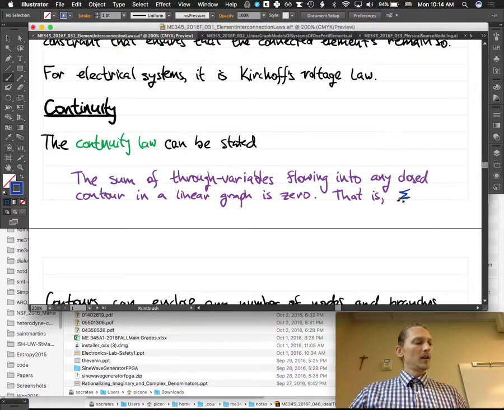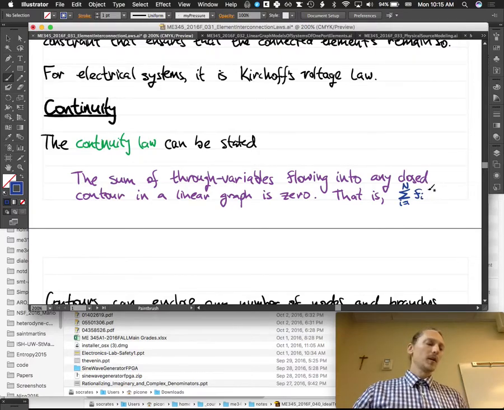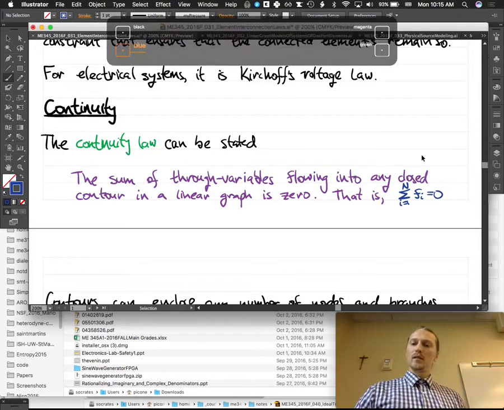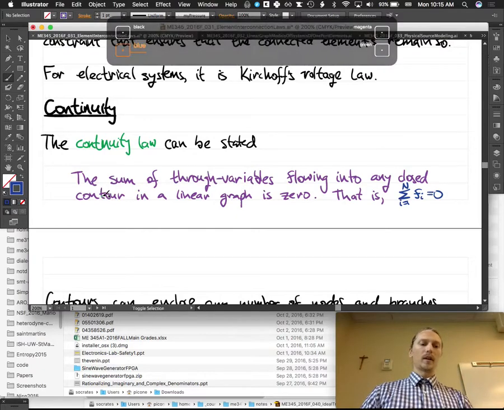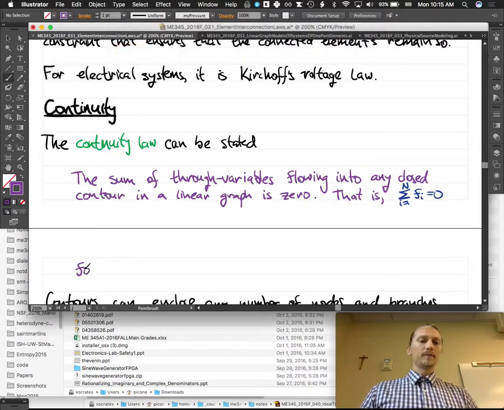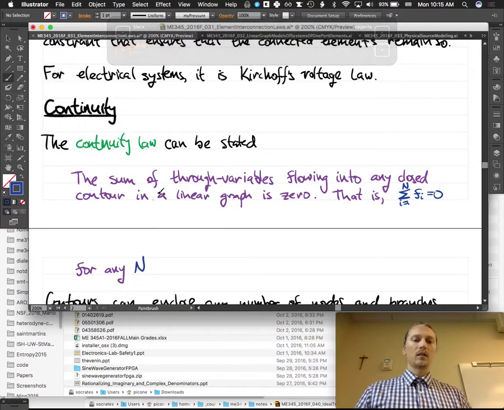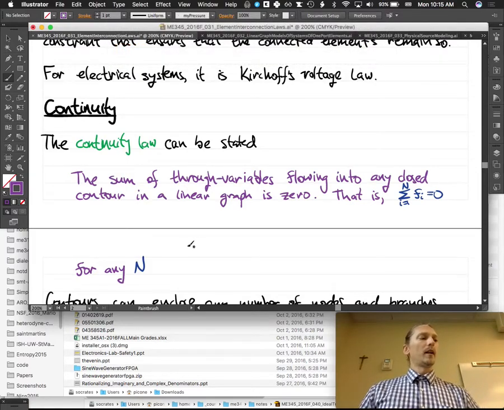So sum from I equals 1 to n of, here comes generalized through variable, so sum up all of the through variables, set them equal to 0 for, purple again, for any n branches that intersect the contour.